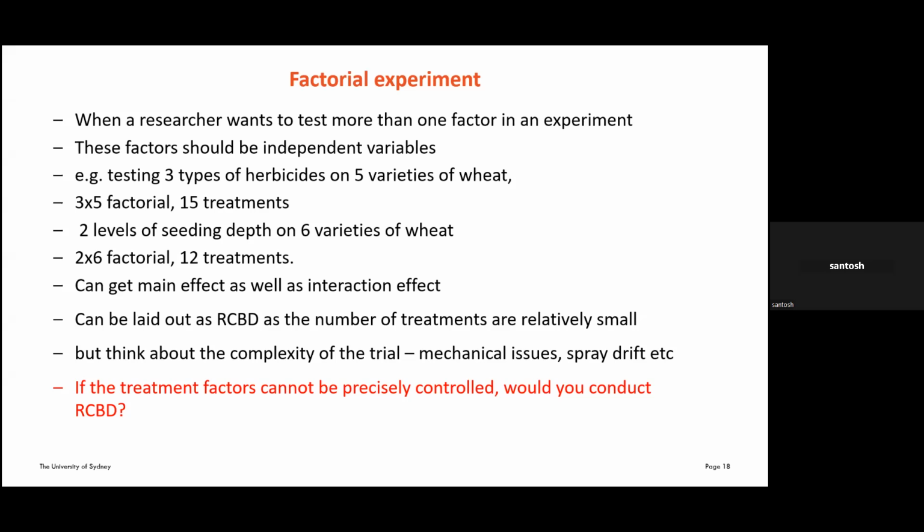If it involves some mechanical issues, and if it is a herbicide trial, there is spray drift from one herbicide to another, from one plot to another, right? Is it possible to do that? So you need to think about this.